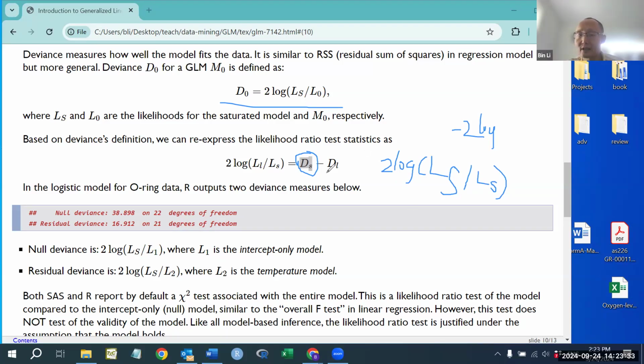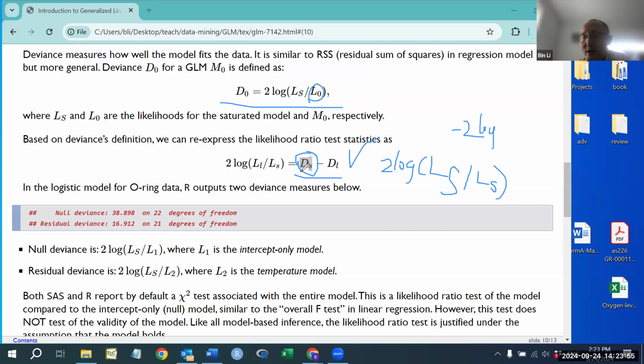Then if you do that, you will easily see this one is correct, okay? Because here, our model is in the denominator. So that's why when we do the likelihood ratio test, it's actually the deviance for the small minus the deviance for the large.